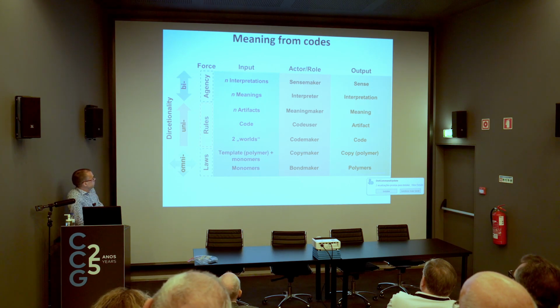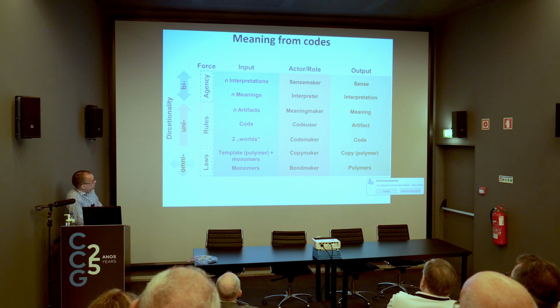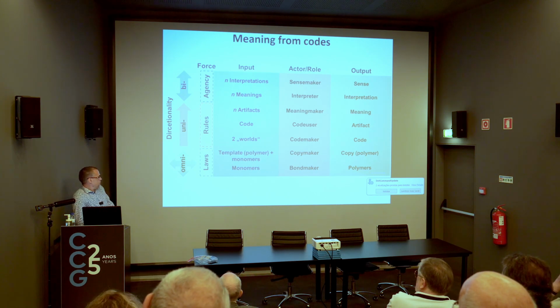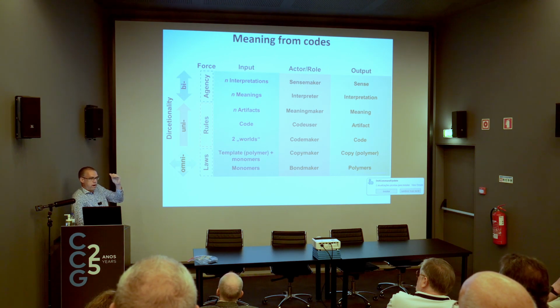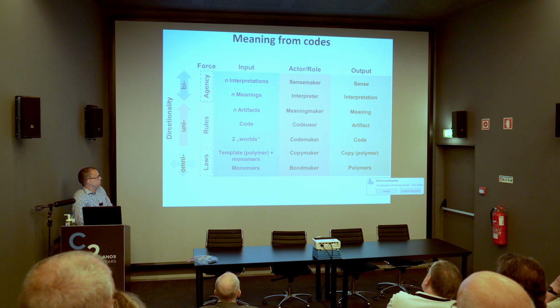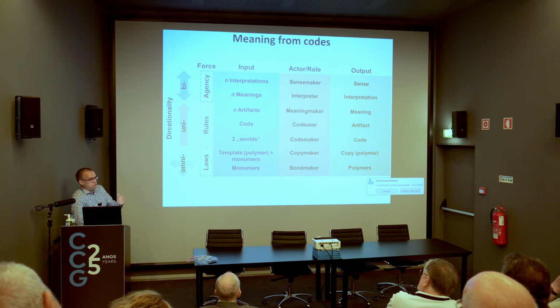I have a somewhat different approach than Marcello, especially regarding meaning. And currently I'm trying to fill the gaps from brain to molecules, to see if there is a way to describe how molecules become codes and how codes ultimately become behavior.